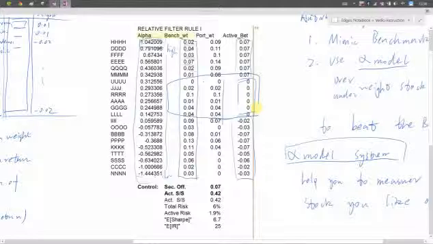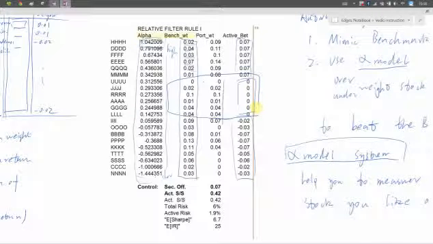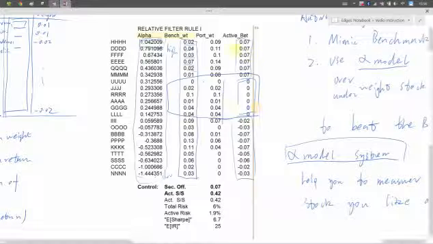There are two basic constraints I need to tell you about when we overweight and underweight stocks. First, all the active bets, or active weights, which are exactly the same concept, should add up to 0.